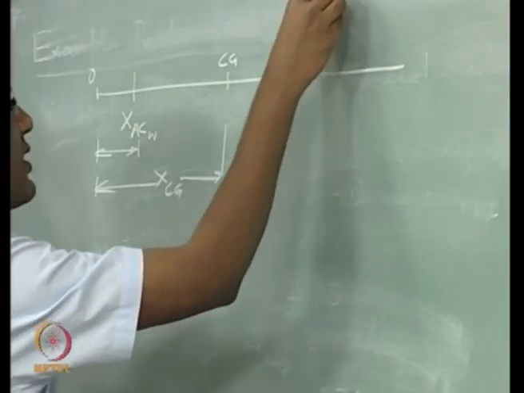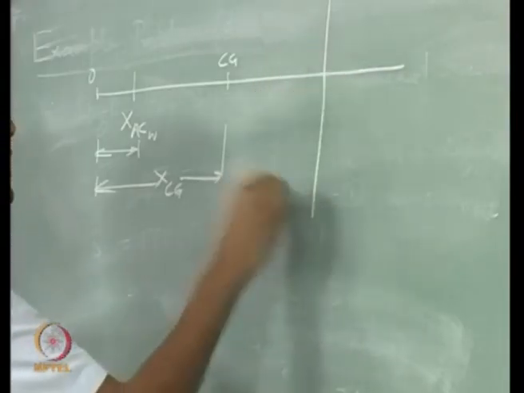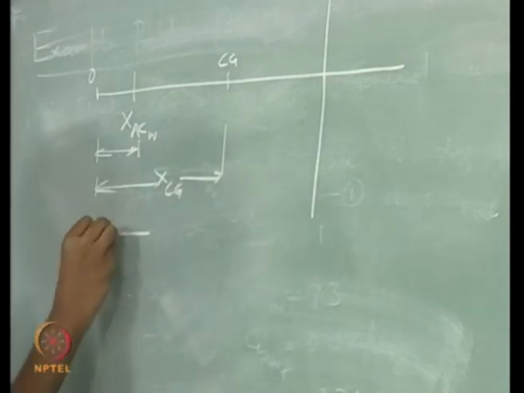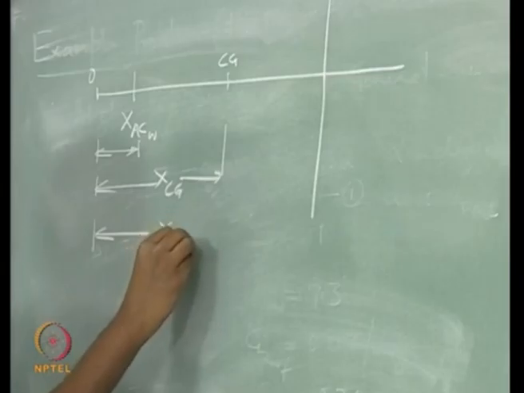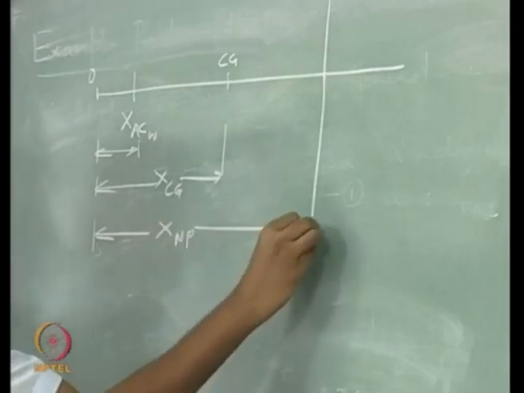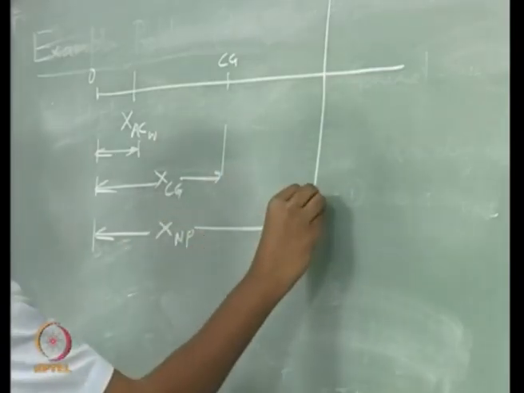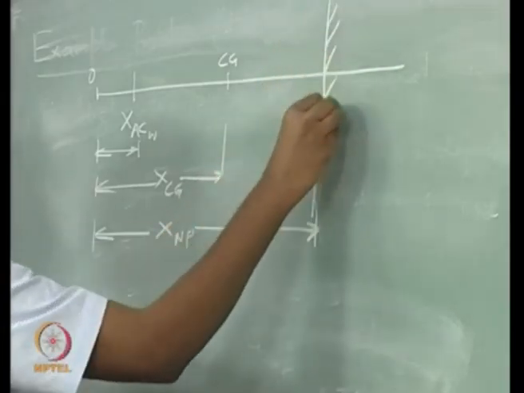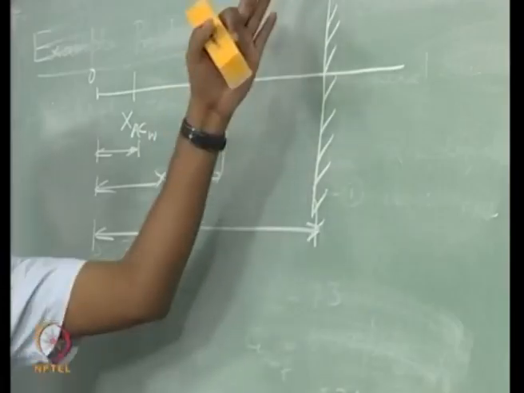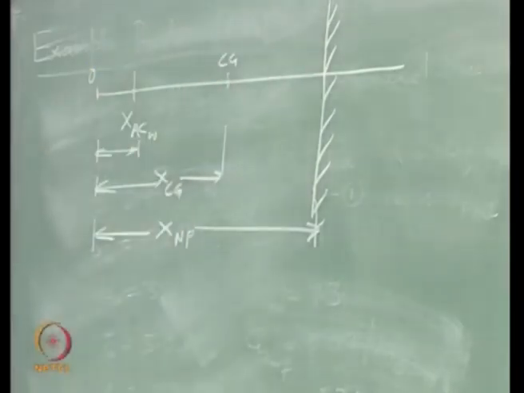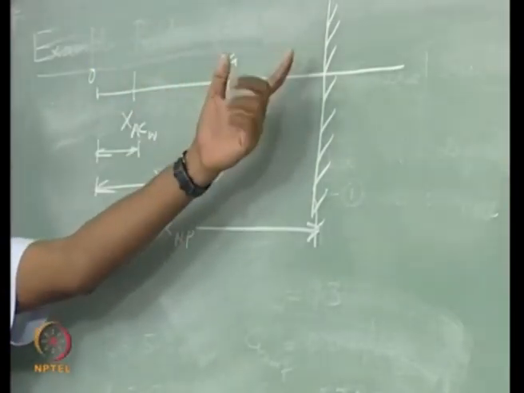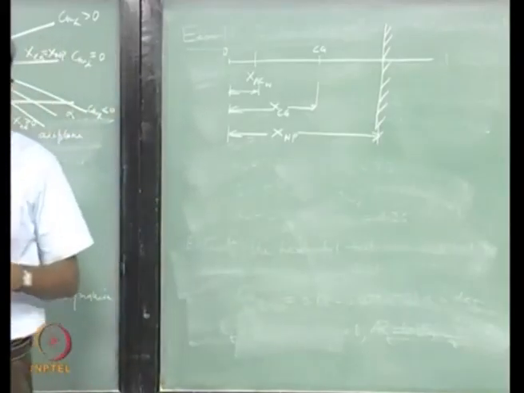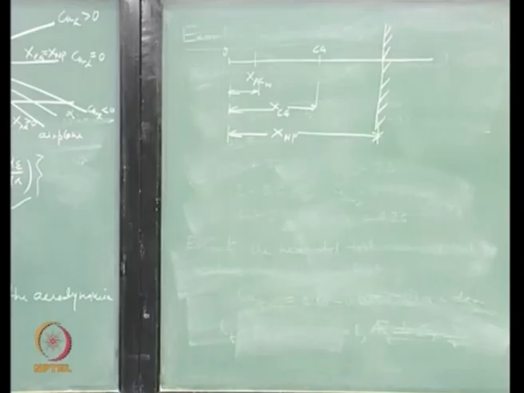Okay, so let us draw a line here, right, which is the location of the neutral point on the airplane. So this is like a stability boundary, right. If your CG is lying ahead of this, then the aircraft is statically stable in pitch, right.